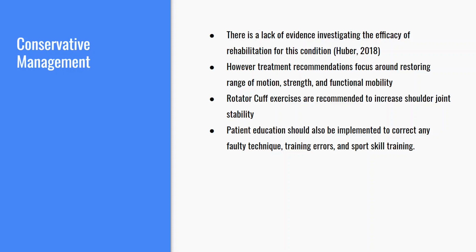So this is the recommendation here, right? Again, there's no set plan that's been researched and shown to be like, hey, if you do these 10 things, you will be fine. But a lot of emphasis, and we keep seeing this over and over again in the research, is exercise: rotator cuff strengthening, scapular strengthening.